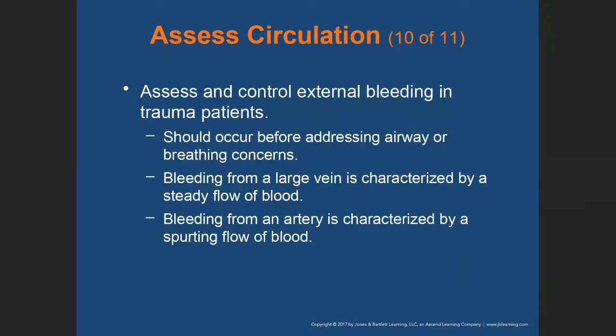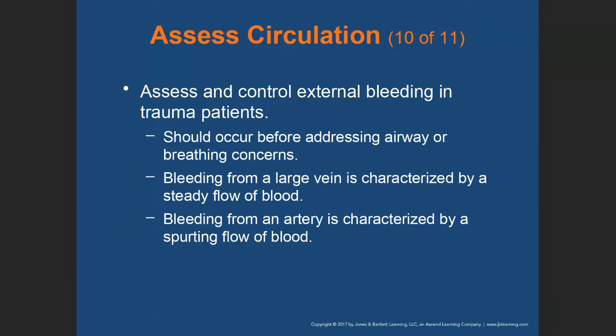All right, now assess and control external bleeding. Right? Now you may end up doing this before or after your pulse evaluation. It depends on the patient presentation. If you have addressed airway and breathing, you can quickly scan the patient for bleeding.